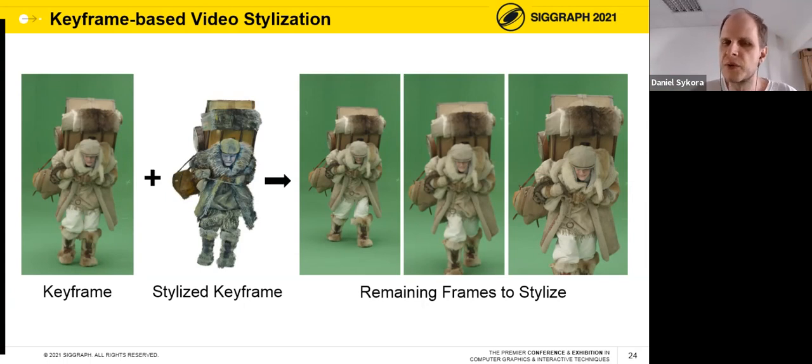And you would like to transfer this style to the other frames so that the sequence would be temporally coherent, so there will not be much flickering. The style will be preserved in a semantically meaningful way, so some parts will correspond. For example, if you have this part around the face, it will also be stylized accordingly. And of course, it will be reasonably fast, so it can be used in production.